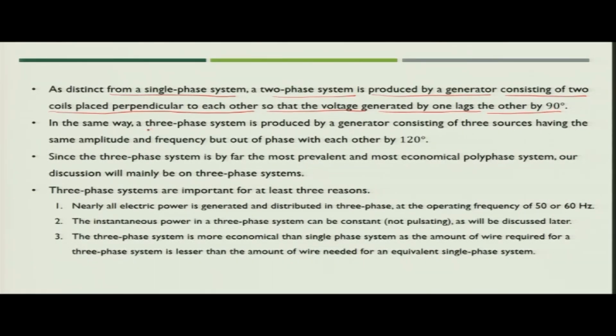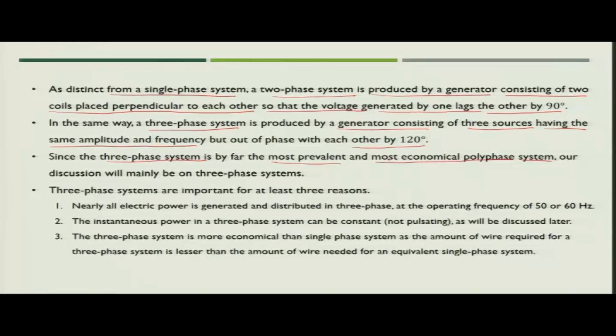In the same way, in a three phase system, the generator will have three coils. There are three different sources having the same amplitude and frequency, but they are out of phase by 120°.